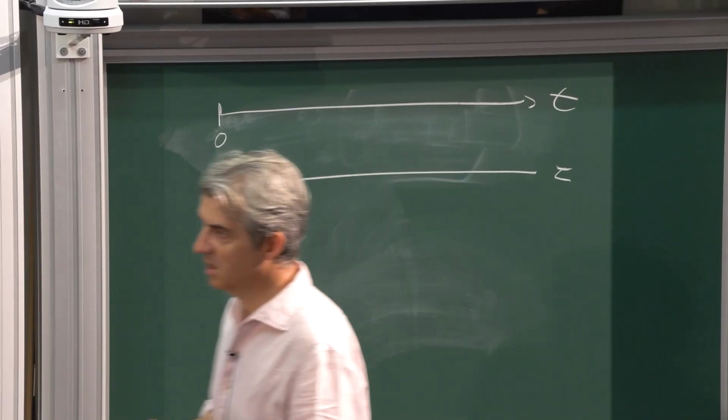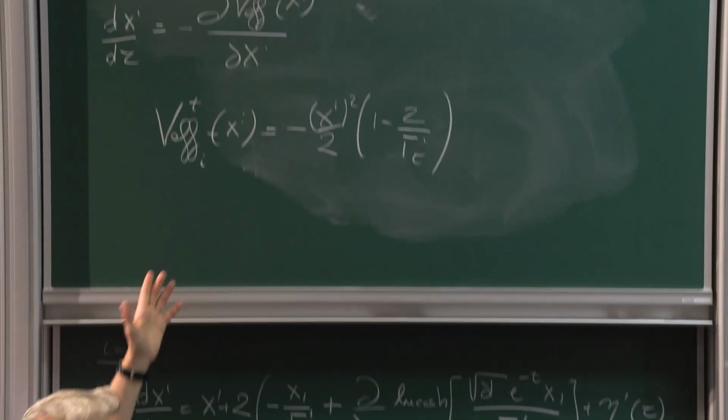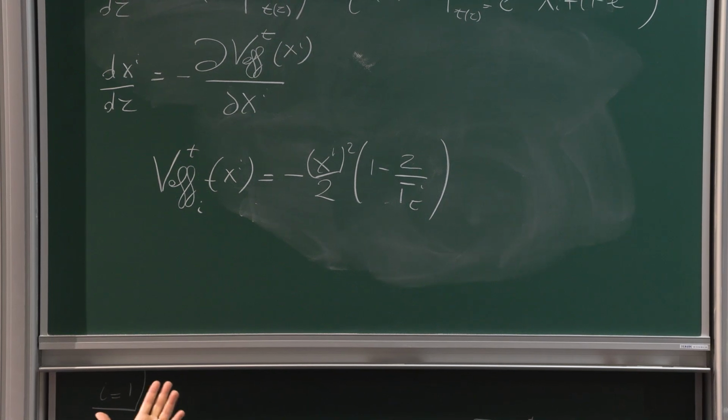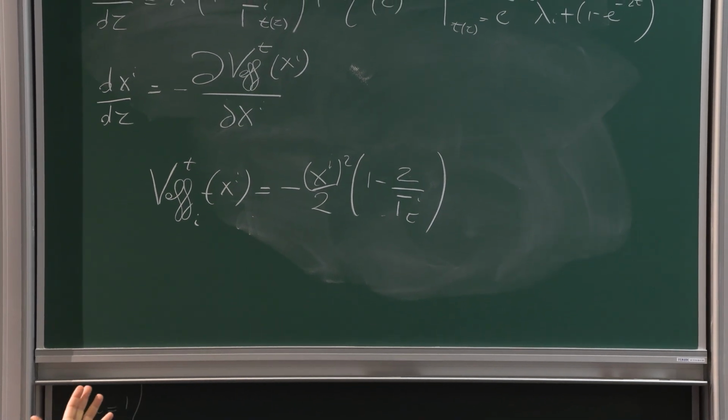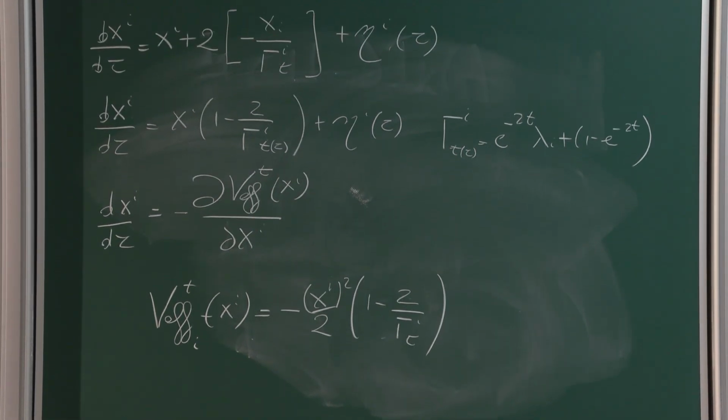And now, if you stare at the equation, what do you have? For the equation on i different from 1, you see that there is a potential which changes with time. There is nothing more. So in principle, all the dynamics is taking place on times which are of order 1.